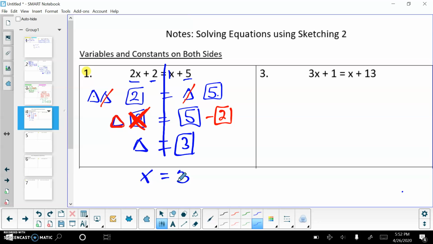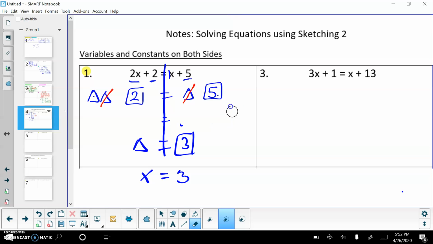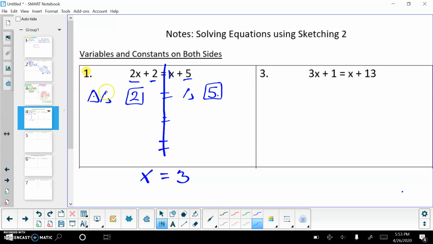Now if I want to check it to see if I'm right, and I do, I'm going to go back up here, and I'm going to erase this step, and I'm just going to remember that a triangle equals 3, just like an x equals 3. I'm going to go back to where my triangles were, because originally, in fact, I'm going to erase these little marks here, because originally what I had was 2 triangles and a 2 cube, and 1 triangle and a 5 cube.